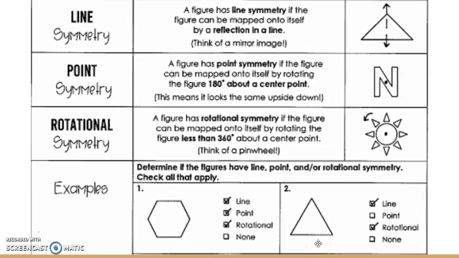That means if I rotate it 180 degrees, it's not going to match perfectly back onto my triangle. We do have rotational symmetry though, because I can rotate each side of my triangle and still map it onto itself. When we say map it onto itself, that just means we're putting our shape exactly perfectly on top of itself.